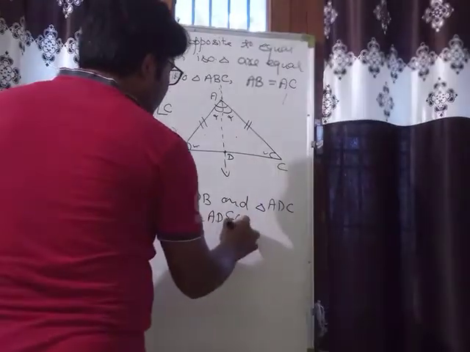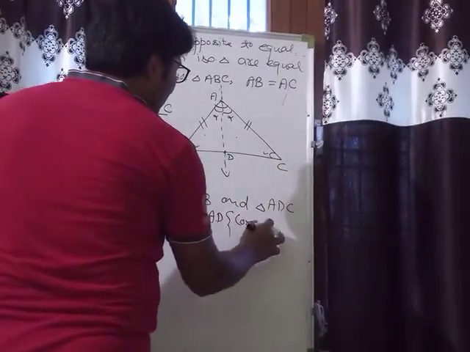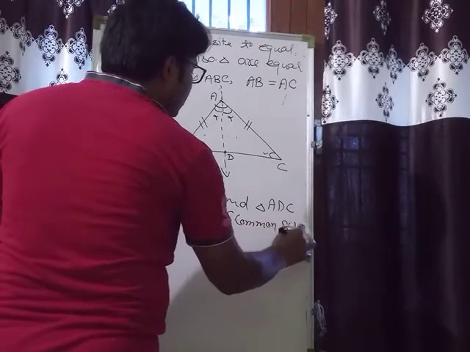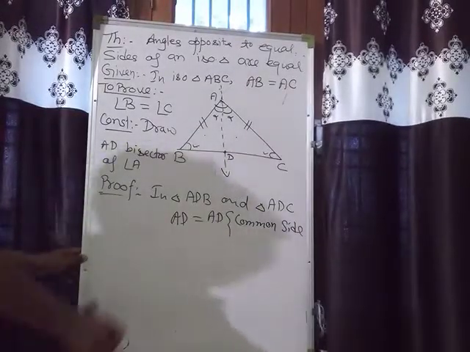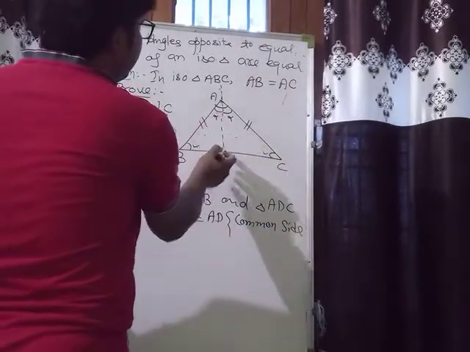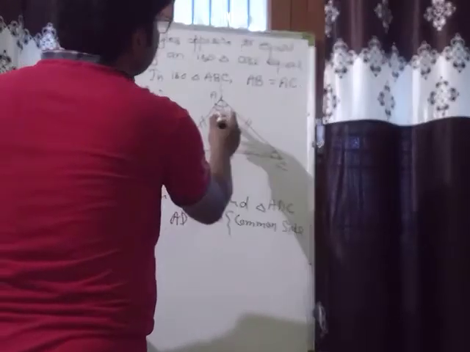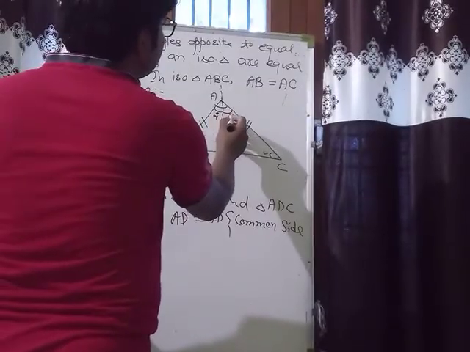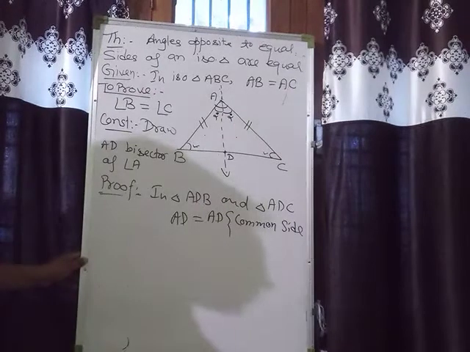This is a common side. Okay. Now see, angle DAB is equal to DAC. These two angles, this one and this one, are equal.